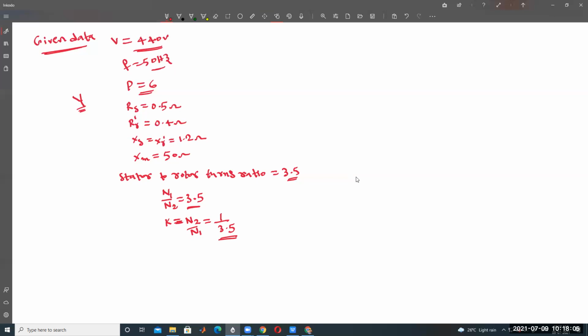Okay, so in this relation, the slip at which the maximum torque occurs in a slip ring induction motor. So I will tell you the formula.